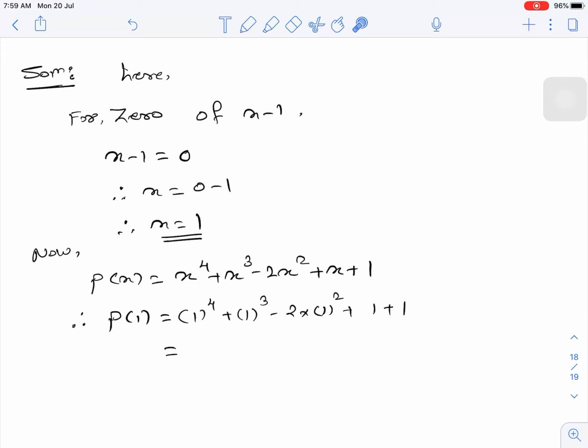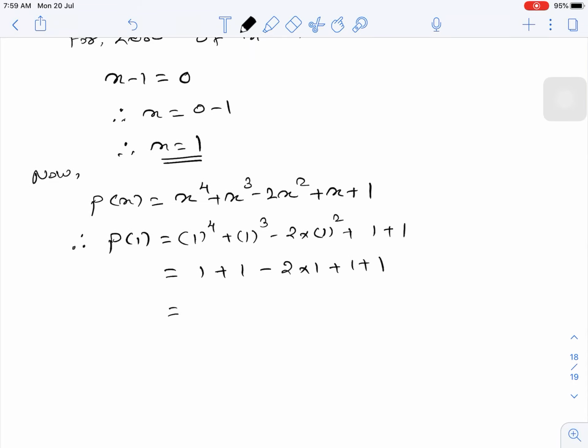Now 1 raised to 4 is 1, 1 raised to 3 is 1, 1 raised to 2 is also 1. So we write it as 1 plus 1 minus 2 into 1 plus 1 plus 1. That equals to, 1 plus 1 plus 1 plus 1 will become 4, and minus 2 into 1 will become minus 2, that equals to 2.